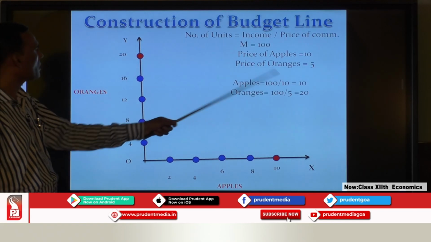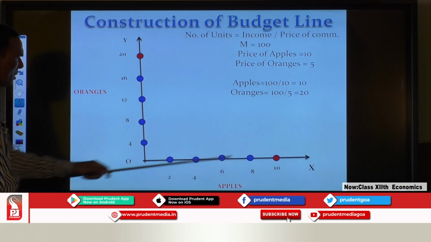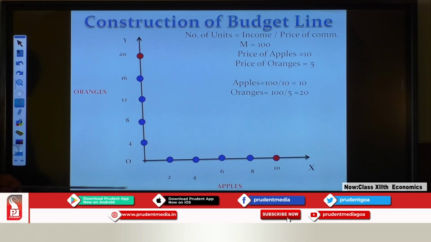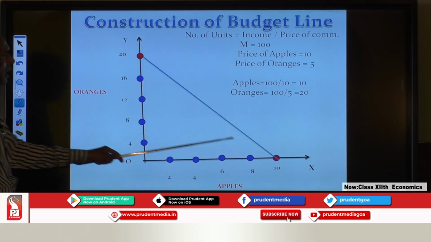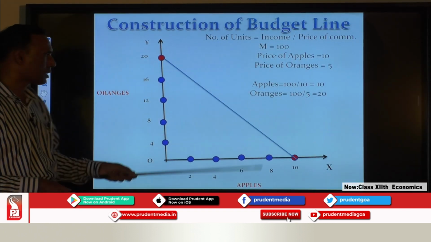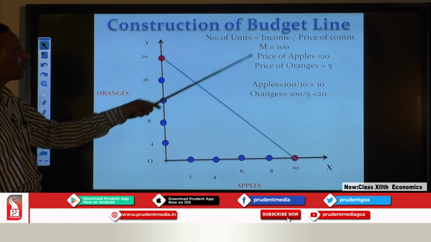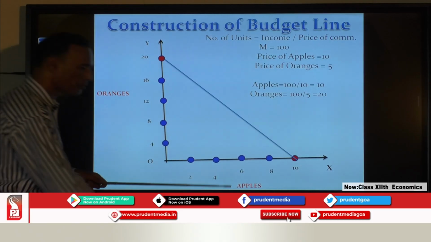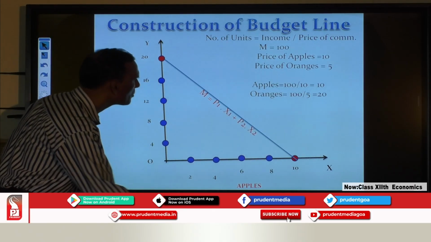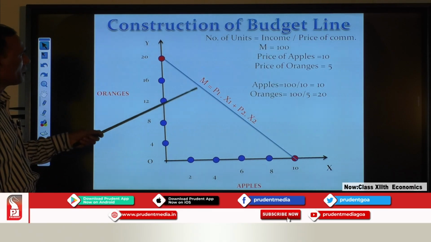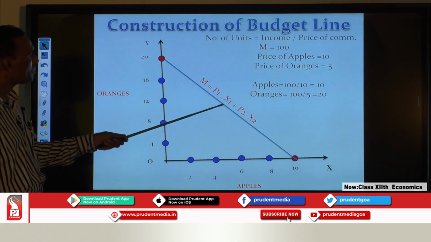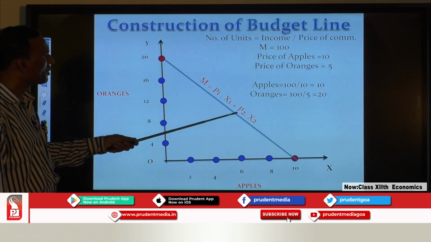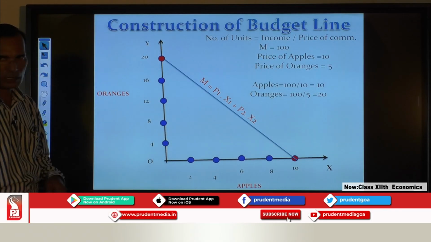For oranges, it has become 20, so I have plotted it on the y-axis. Now join both the points, 20 and 10. This is the budget line that we got using this example. The function of the budget line is M equals P1 multiplied by x1 plus P2 multiplied by x2.